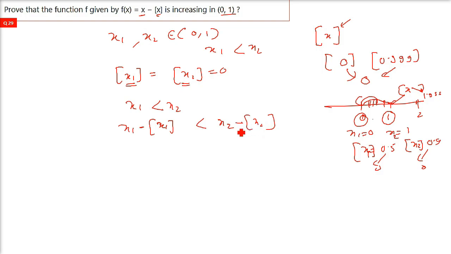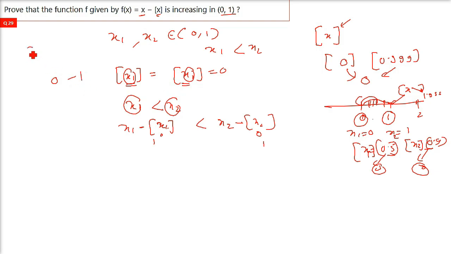So I'm subtracting these equal values, because the greatest integer functions of x1 and x2 are equal. You will just argue that x1 and x2 are different. How can you subtract the same number from different numbers in the inequality? So I'm just saying that if you take the greatest integer of 0.5, it will give you 0. 0.9 will give you 0.